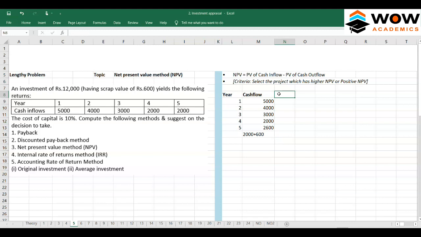To do an NPV, we have to have certain numbers which are additional to the payback sum. First we have to get the 0th year.